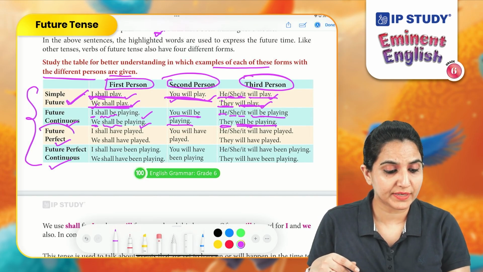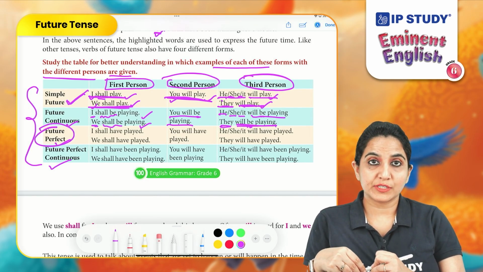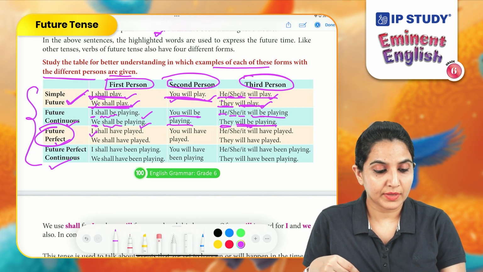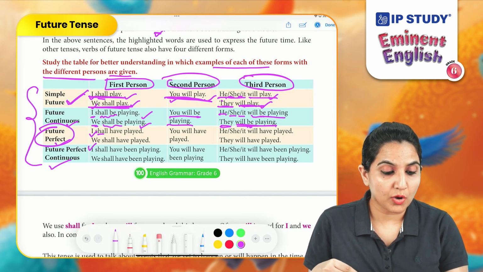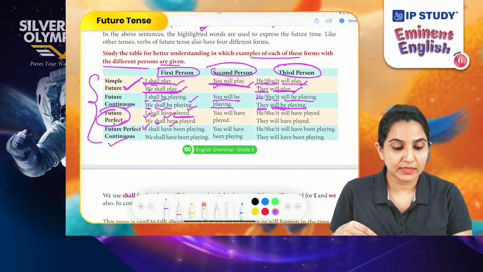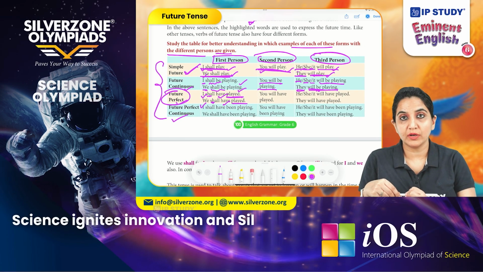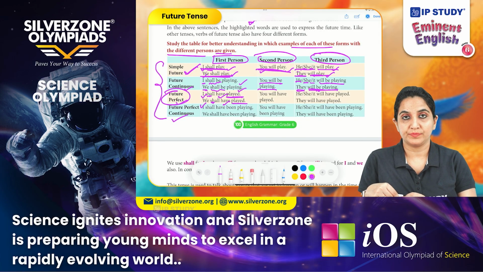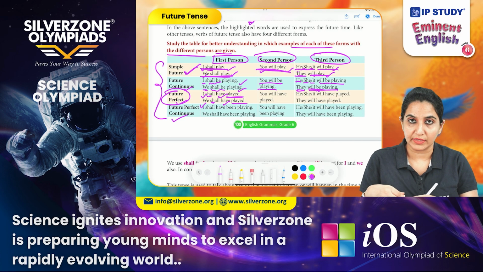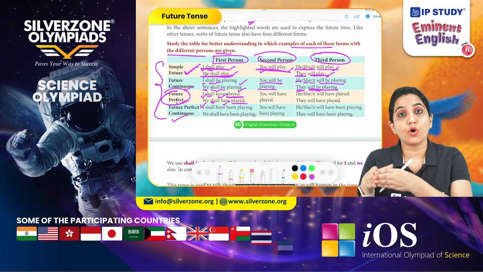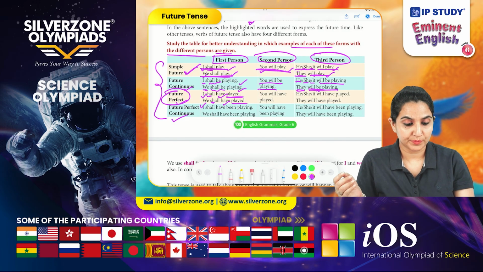For future perfect tense, with the first person I, singular and plural, we use shall. Along with shall, we will use have and the past participle of the verb. With the second person and third person, we use will, along with have and the past participle.